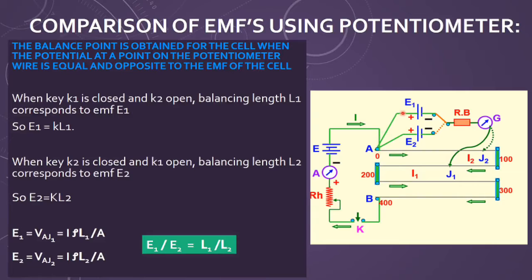Here I am connecting the positive of both the cells as well as the positive of the driver cell. So here we take 3 connections, all the positives: the driver cell and the cells whose EMFs are to be compared. E1 upon E2 I can find.